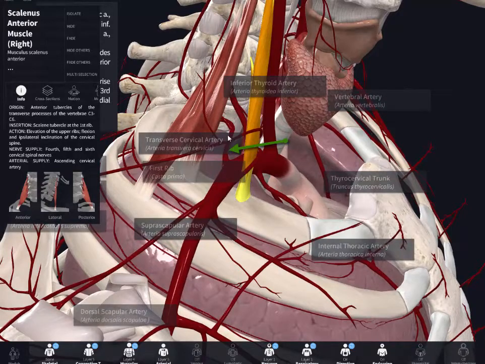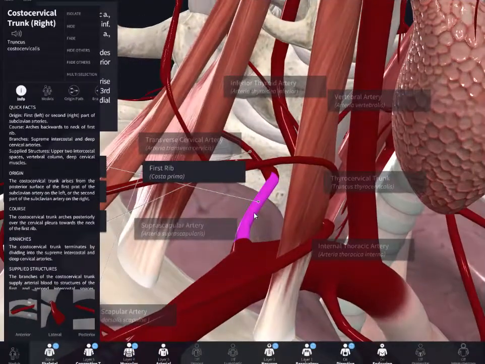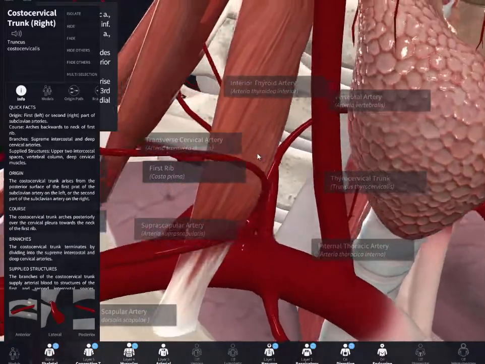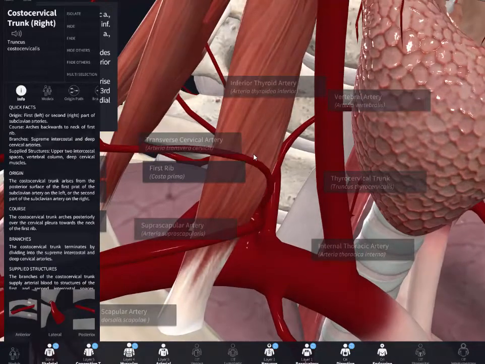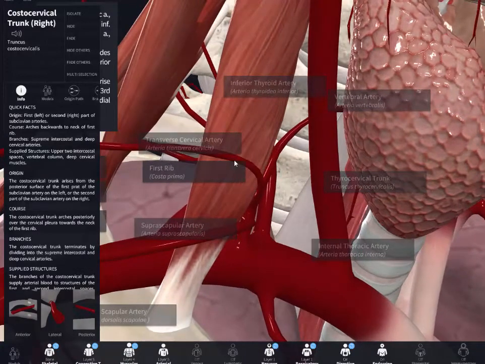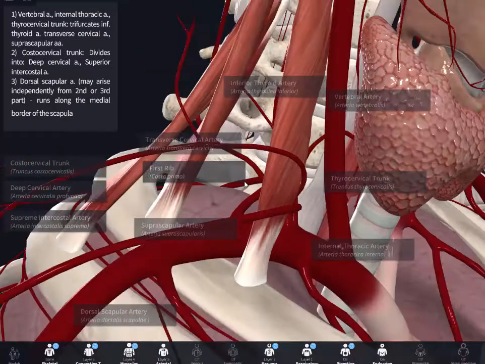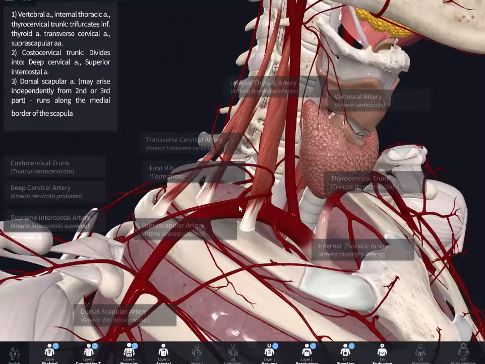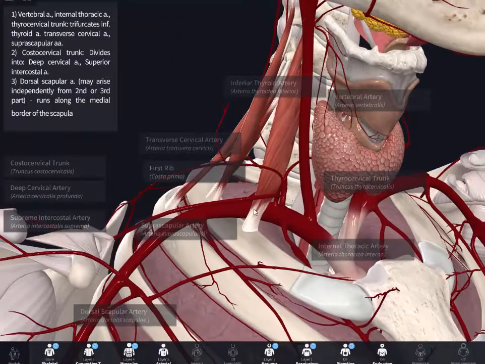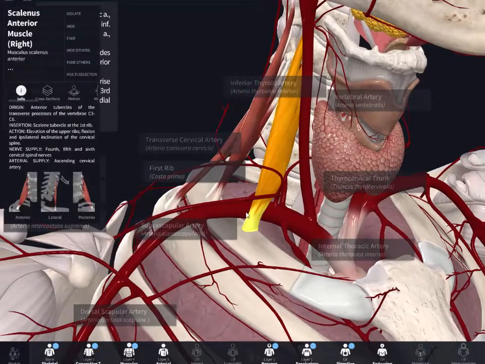This would be your costocervical trunk. The costocervical trunk usually divides into 2 more arteries, which would be the deep cervical artery and the supreme intercostal artery. And then we have the third part of the subclavian artery, which only has 1 branch, and the third part would be lateral to the border of the anterior scalene.